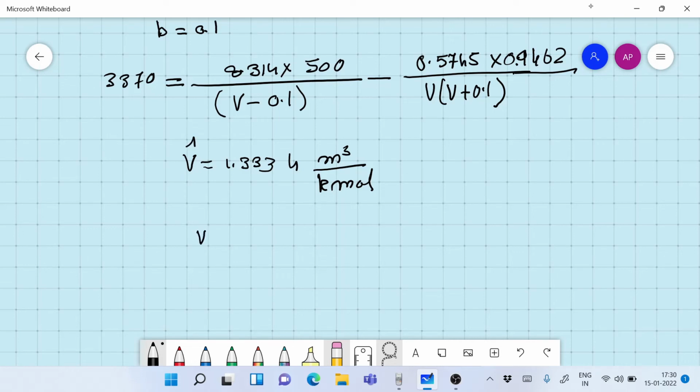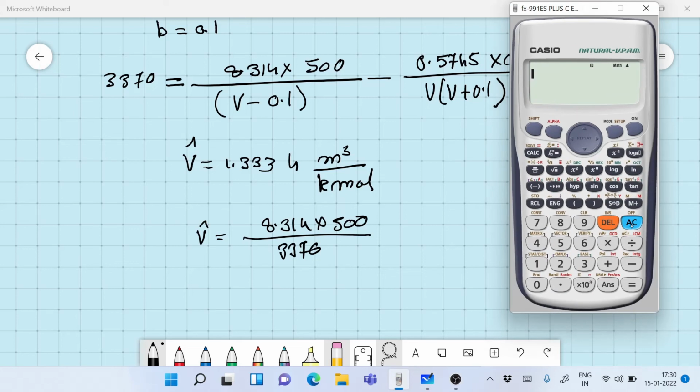So, we take the ideal gas volume as nothing but 8.314 into 500 divided by the pressure, that is 3370. Now we do a calculation for that. So that's 8.314 into 500 divided by 3370, and that's equal to 1.232335.